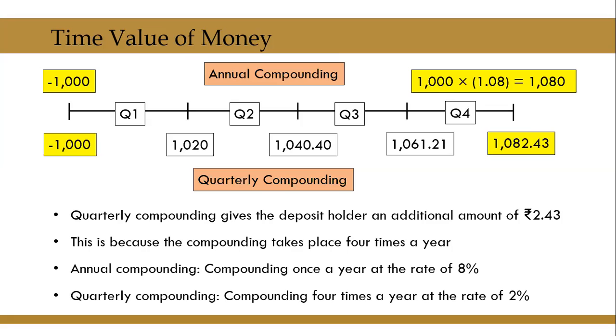In quarterly compounding, compounding 4 times a year at the rate of 2%. So what has happened here? The number of periods of compounding has been multiplied by 4 because it is quarterly compounding. So instead of 1 period, it becomes 4 periods, and the rate of interest has been divided by 4. Therefore, what you get as 8% per annum now becomes 2% for every quarter.